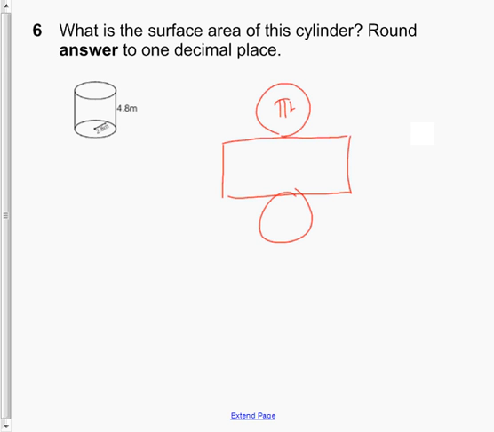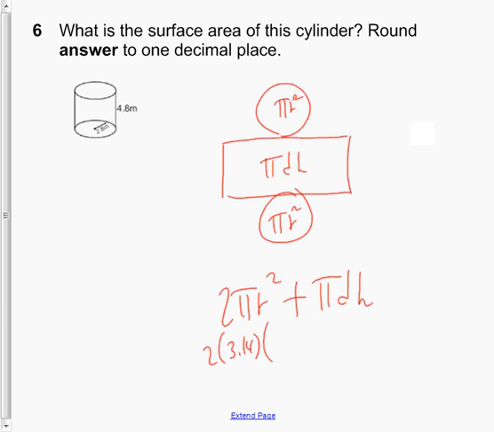So our formula, just like from the one we did just before, is this one here. I have 2 circles, which is 2 pi r squared plus pi dh. Now pay attention to the substitutions, the tough part. 2 times 3.14 times the radius, which is 2.8 squared.